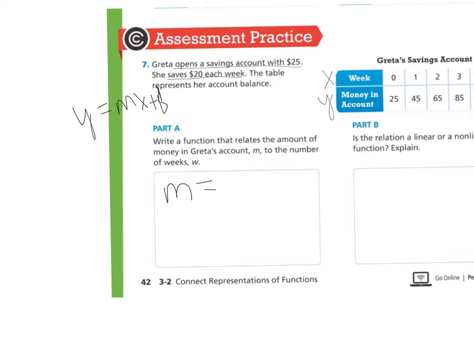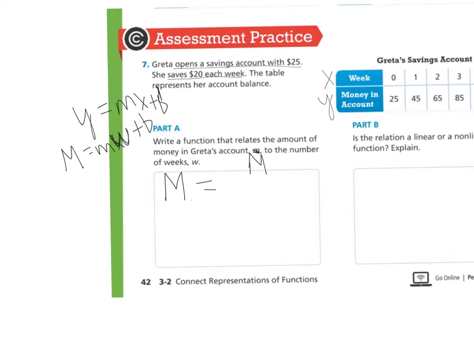Kind of complicating things here. So maybe if you wanted to, we could do a slight variation on that. Maybe do a capital M instead of a lowercase m, just so we can distinguish our money from our slope. And then instead of the x, we have the weeks, which is like a W. So we've got kind of like a capital M equals mW plus b.